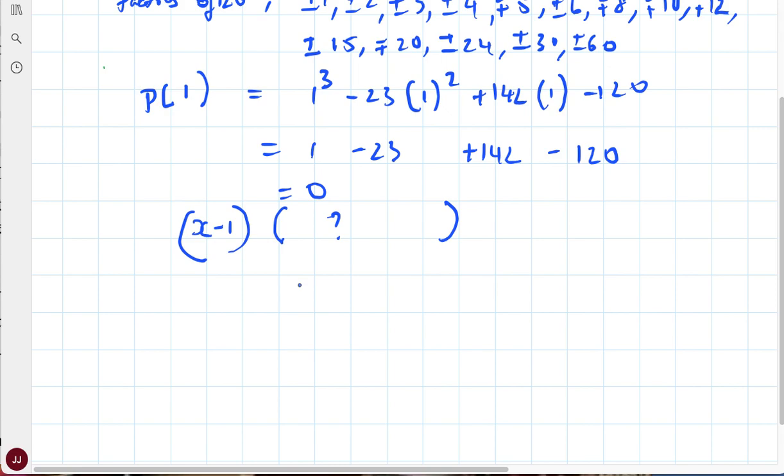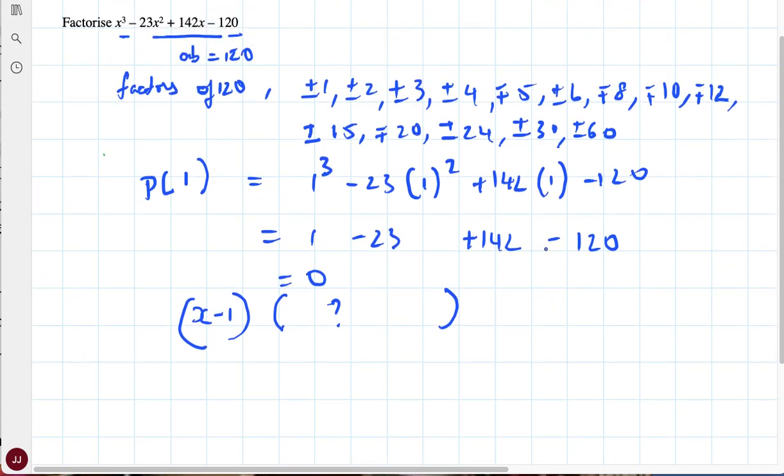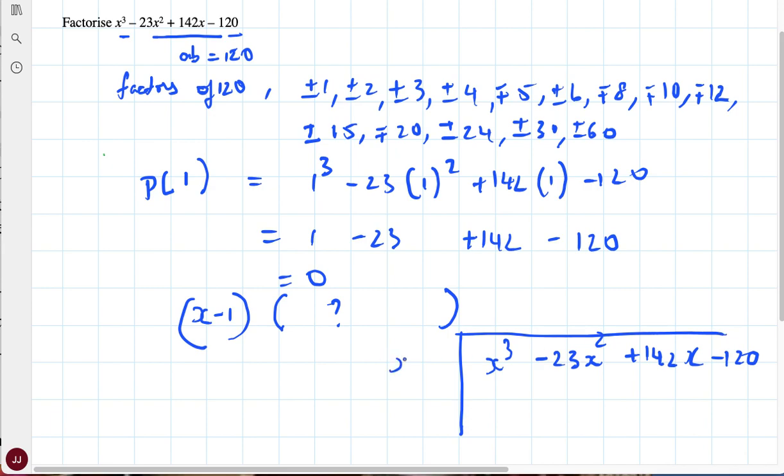So we have to divide the given polynomial x cube minus 23x square plus 142x minus 120 by the x minus 1 polynomial.